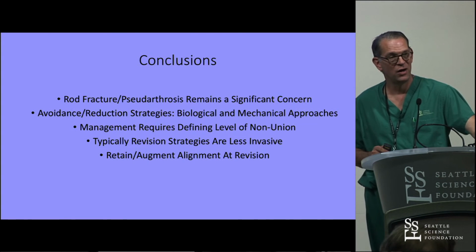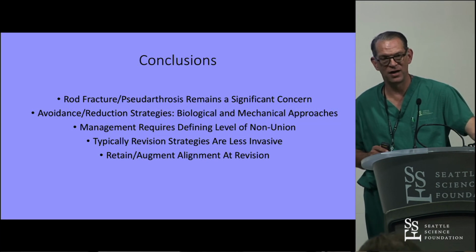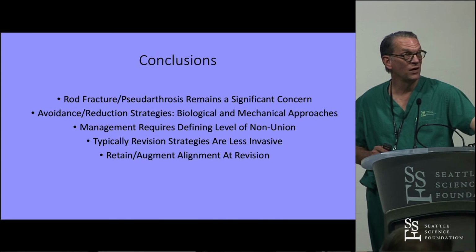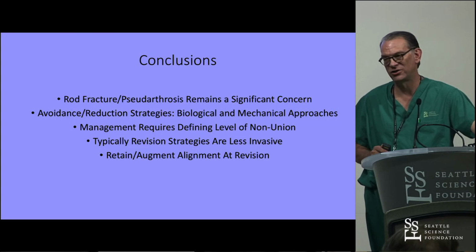That's yet another pharmaceutical approach that in patients with low bone density probably accelerates and improves union rate. Management requires definition of the non-union when this occurs, and I think we can hopefully employ less invasive revision strategies than maybe we've used in the past, and retain and augment alignment at revision. And that's yet another issue.